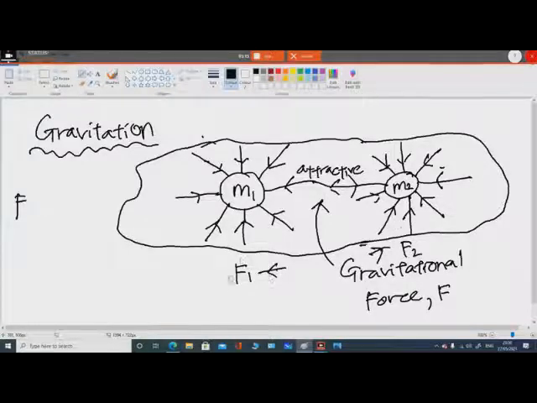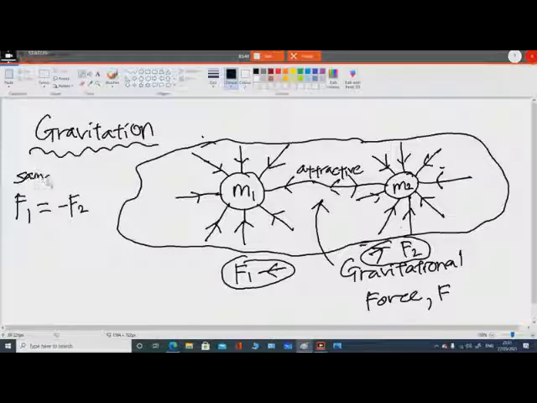As you can see, F1 and F2 are always in the opposite direction. So F1 is equal to negative F2. Same magnitude but different direction.